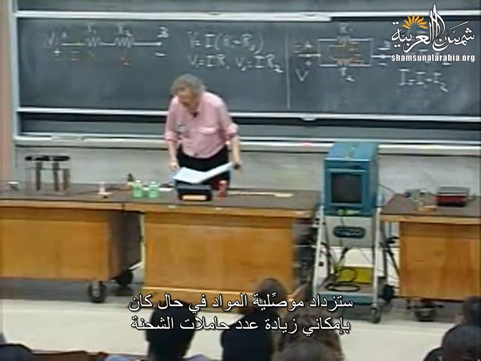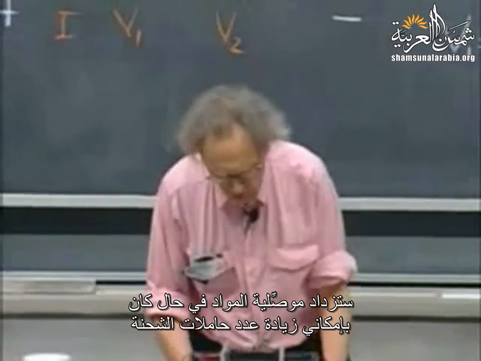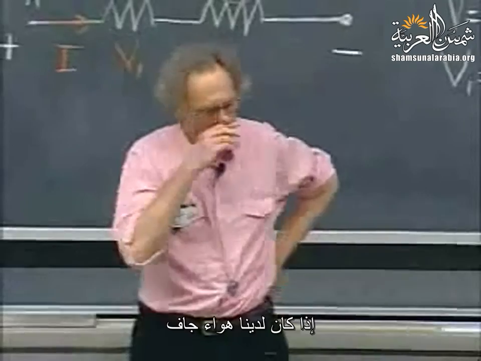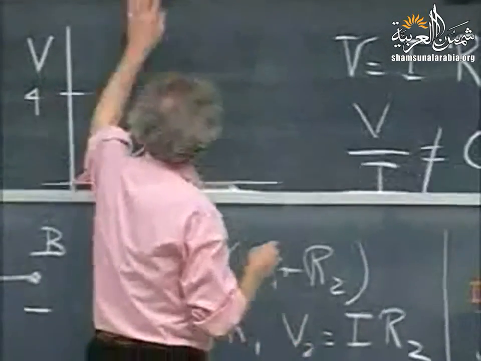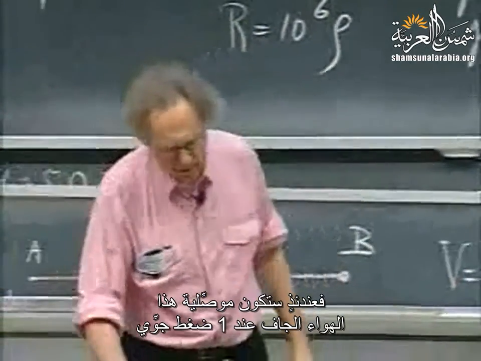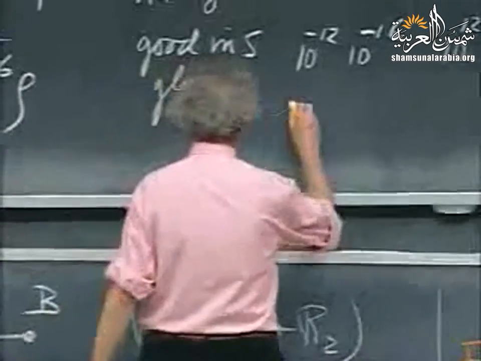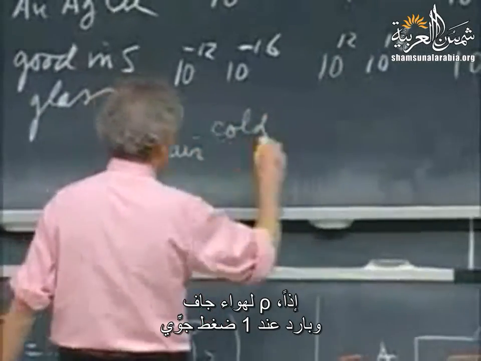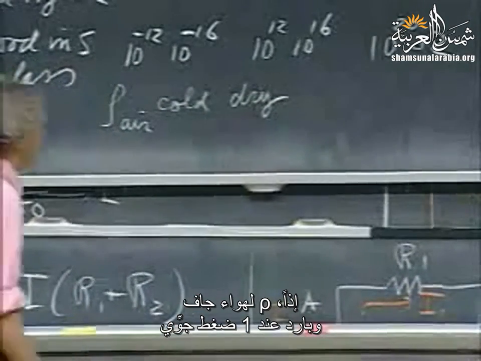The conductivity of a substance goes up if I can increase the number of charge carriers. If we have dry air and it is cold, then the resistivity of cold, dry air at 1 atmosphere, so rho for air, cold, dry, 1 atmosphere.